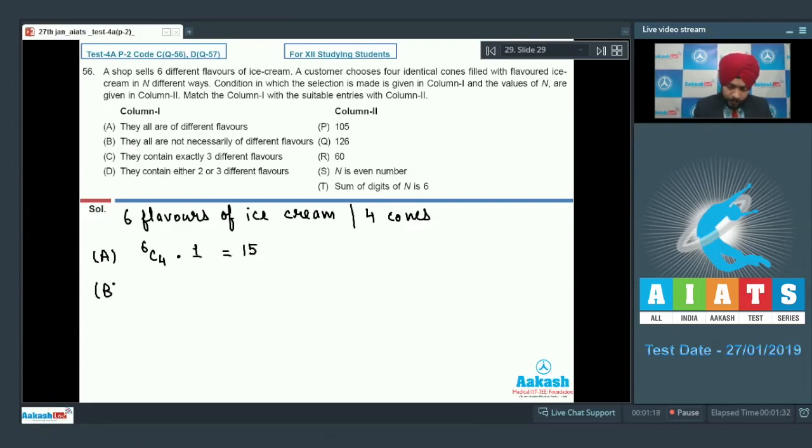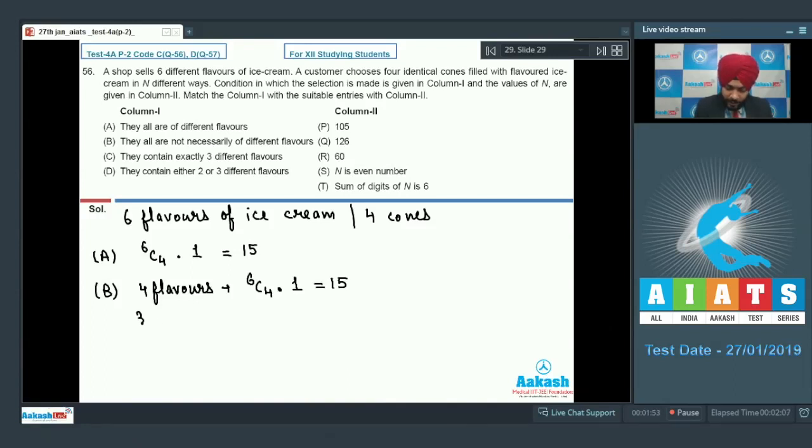Talking about the B part, it says that they are not necessarily of different flavors. That means they may or may not be of different flavors, so the question is asking for the total possible number of ways of filling the cones. If we select 4 flavors, the answer is already written above, 6C4 into 1, that is 15.